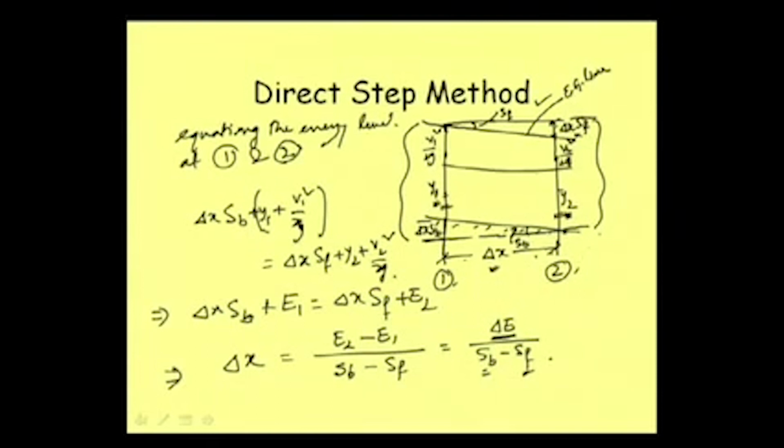Whichever way we calculate, we will get two different values of SF for section 1 and section 2. So which SF will we use for computing delta x? That is one important point, and for computing delta x we should use the average SF between section 1 and section 2.